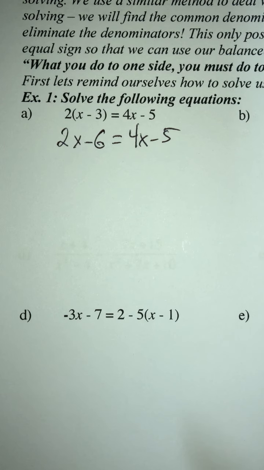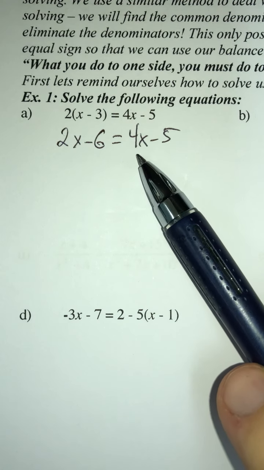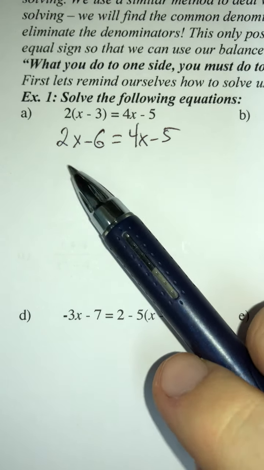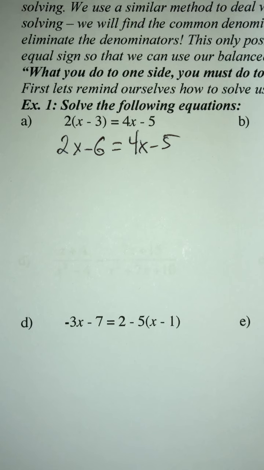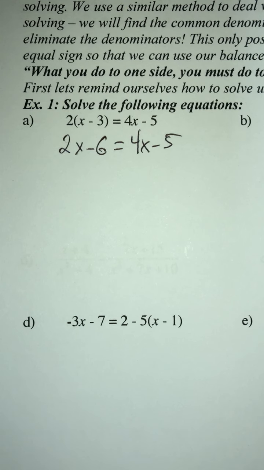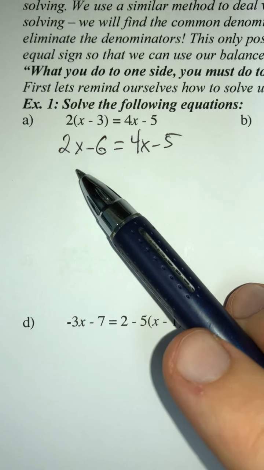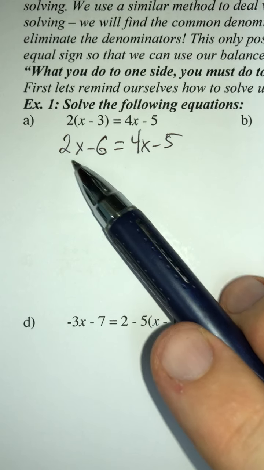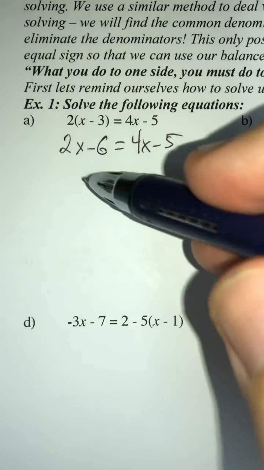That's a problem. So I need to try and get rid of at least one of those x's. You can either minus 4x onto this side or minus 2x onto this side. It doesn't really matter which one you like to do. I prefer dealing with positive numbers, so I'm going to subtract 2x from both sides.